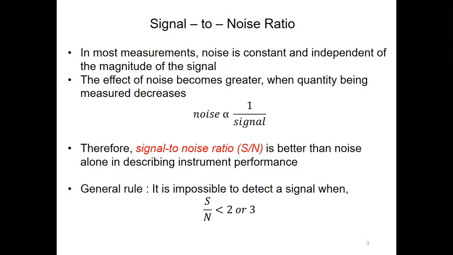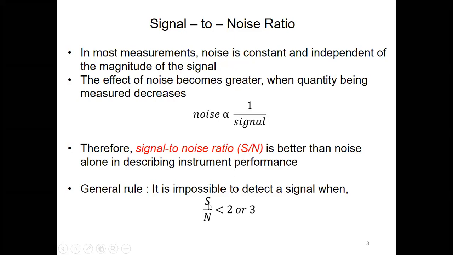And as a general rule, when the signal to noise ratio is less than 2 or 3, it is difficult to detect the signal.